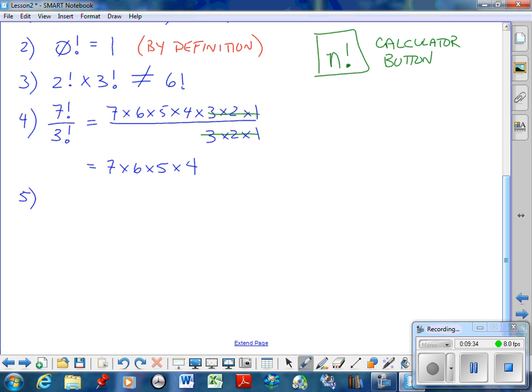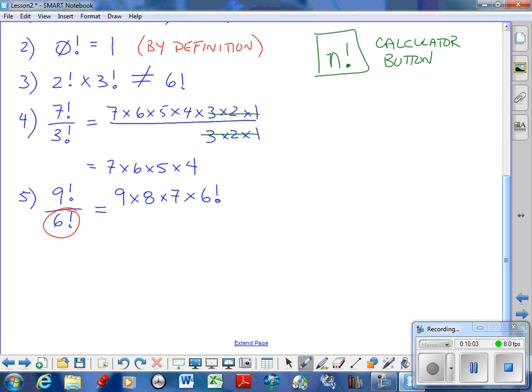So just one more example with that. Let's go 9 factorial divided by 6 factorial. I don't want to go through and write it all out like I did in the first one. I don't want to go 9 down to 1, 6 down to 1. I know that the 6 factorial will cancel out the 6 factorial on top. So one way to think of it is like this. 9 factorial is 9 times 8 times 7 times 6 factorial.